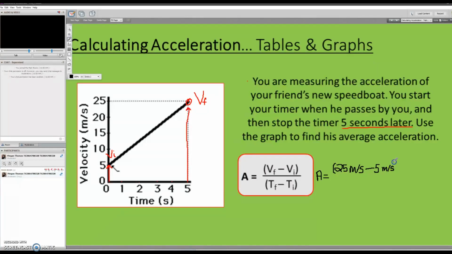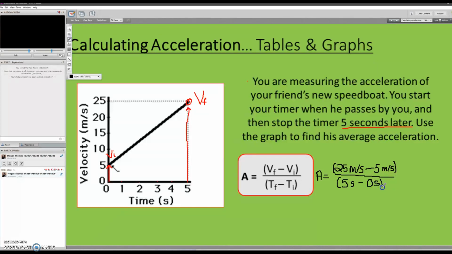So I've found the change in velocity, and I'm going to divide that by the change in time. We know that 5 seconds went by, so that means I'm going to take my final time of 5 seconds and subtract it from my initial time when I started at 0 seconds.